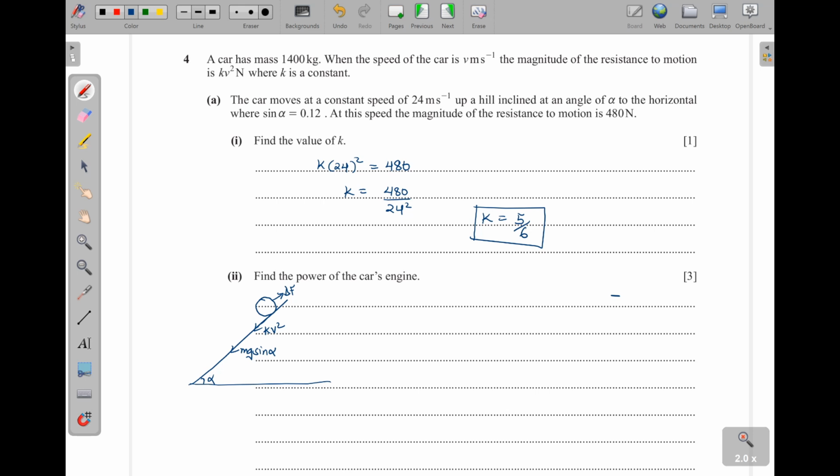Now, they said somewhere that this is a constant speed. So for constant speed, then acceleration is 0. For constant speed, acceleration is always equal to 0.